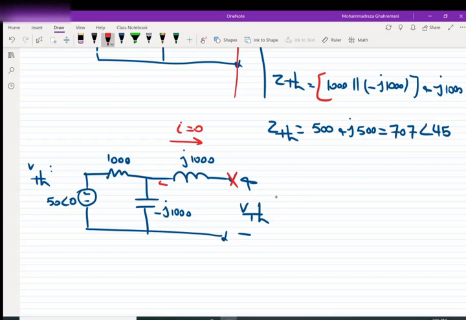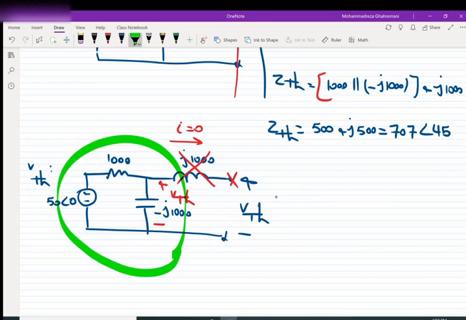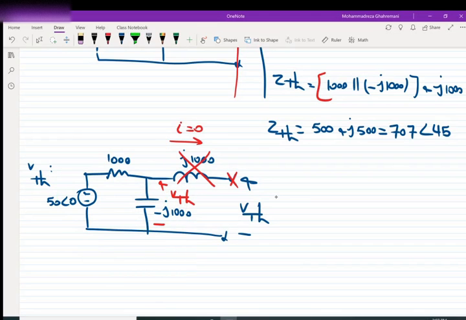So both sides of the inductor have the same voltage, which is called V Thevenin. We can simply ignore this inductor, consider this part of the circuit, and find the voltage across the resistor, which is equal to V Thevenin.